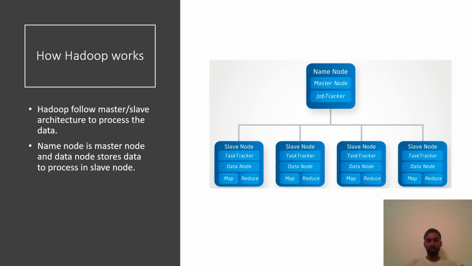The task tracker's job is to gather and store the information in the data node, map it to a different location whenever needed, or reduce it to a message whenever needed, and also keep updating the information of a task to the job tracker. The name node is the master node, and the data node stores data to process in the slave node.